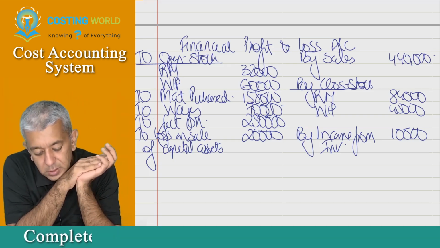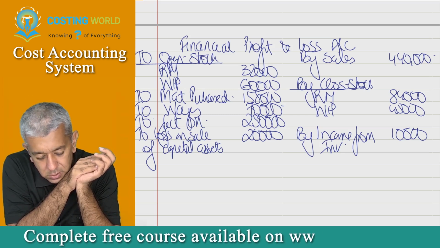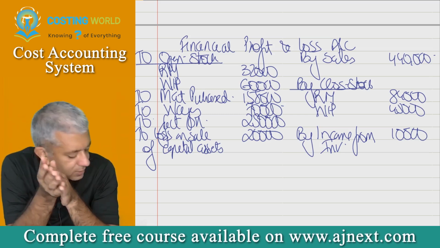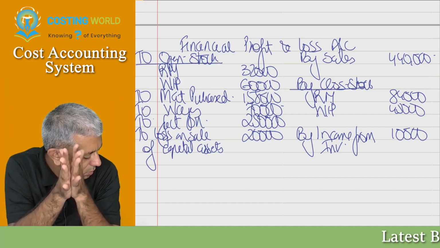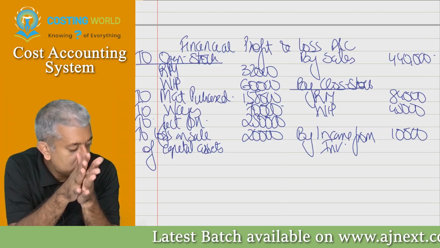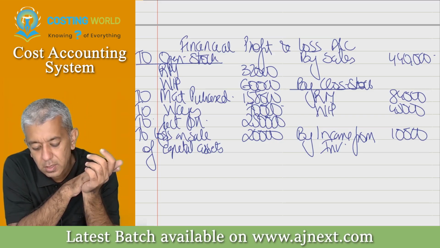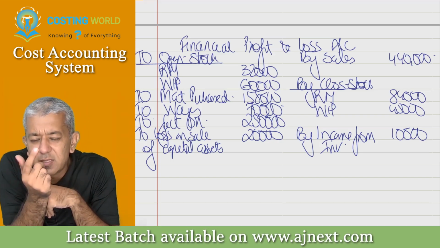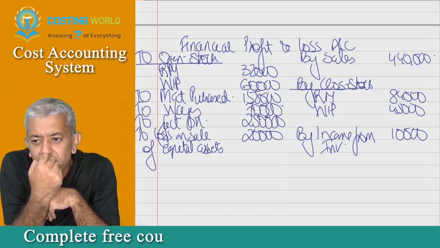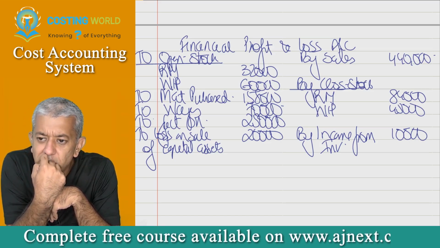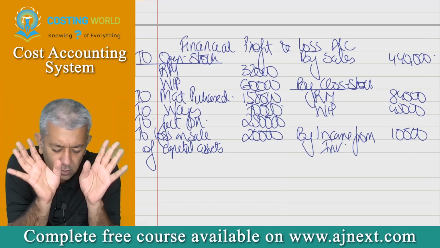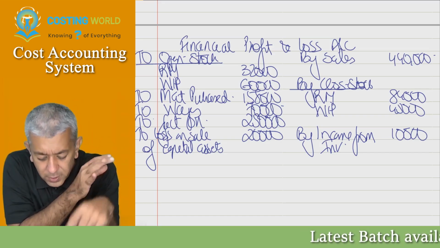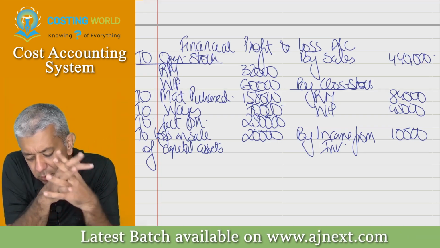Full stop. Other transactions... what's the last sentence that I told? Factory overheads incurred. Stop over there only. Copy down this and find out the profit or loss, please.